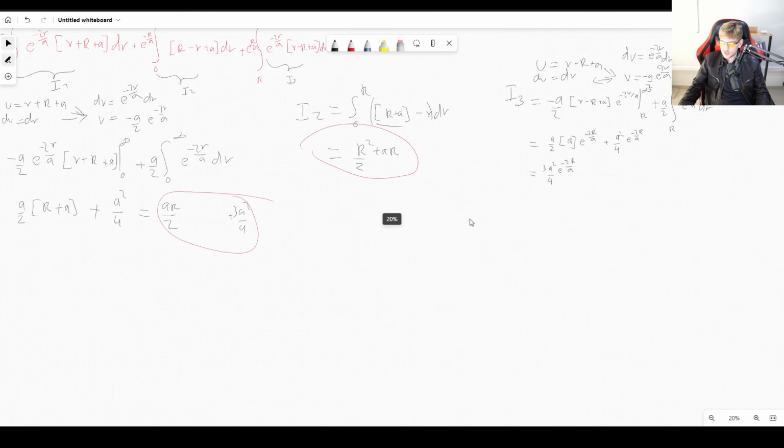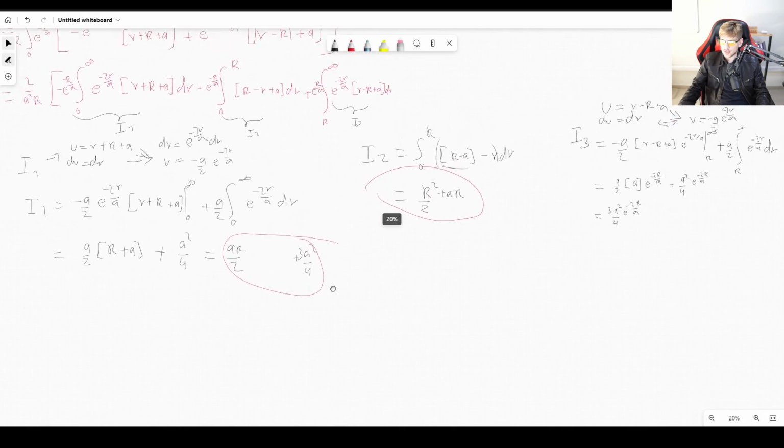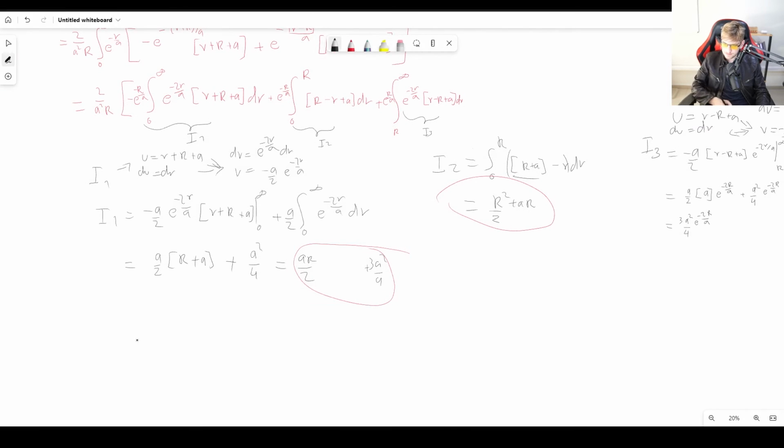So now let's just plug everything into our expression for x. So x is 2a squared over r, and then minus e to the minus r over a, times the result from I1, which is ar over 2 plus 3a squared over 4.